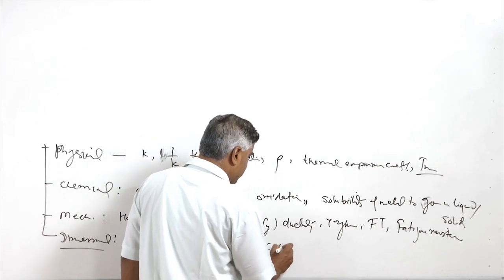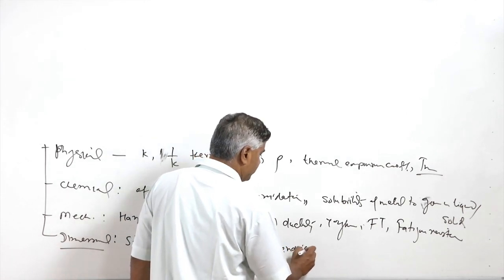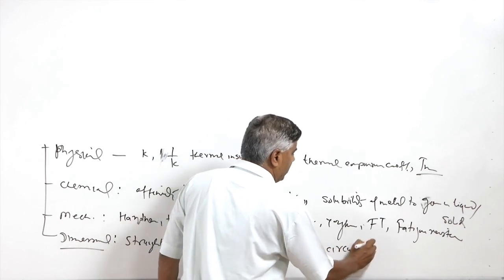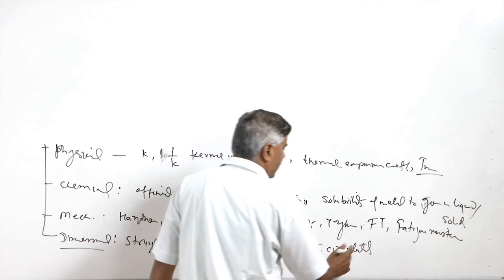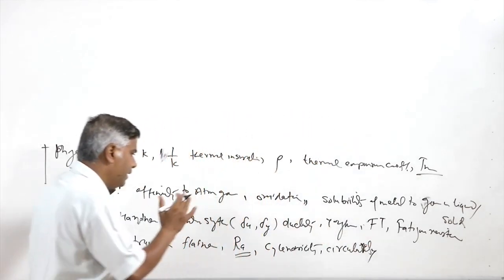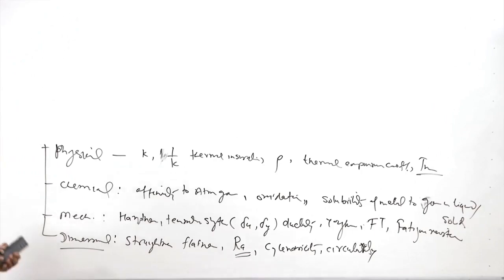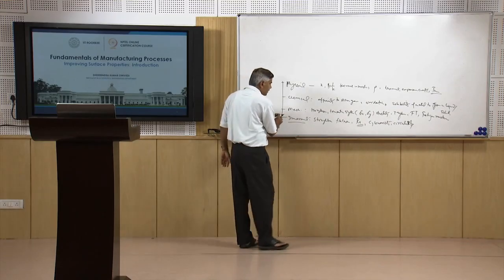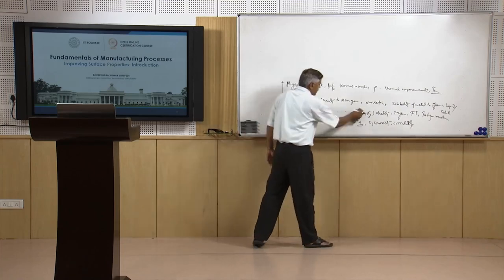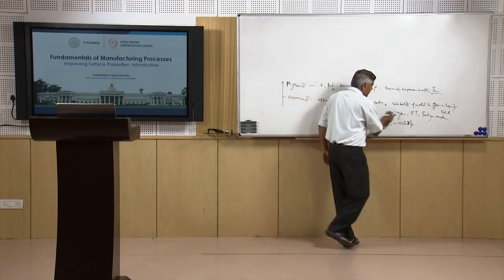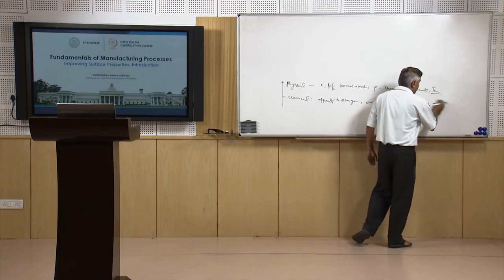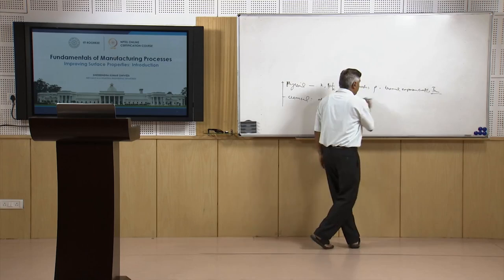Then for the cylindrical component, cylindricity, circularity, etc. will affect the functionality of the component and its ability to work under real service conditions for long. So the functionality as well as the life of the component is to a great extent influenced by these physical, chemical, mechanical and dimensional properties.